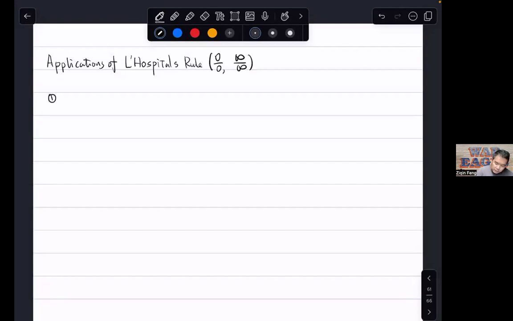We are looking for the limit as x goes to 1 of natural log of x over x minus 1. That's an easy fraction. As x goes to 1, natural log of x goes to natural log of 1, because this function is continuous and 1 is in the domain, so this is 0. x minus 1 also equals 0. So this is 0 over 0.